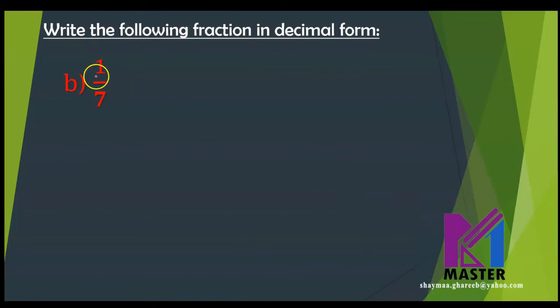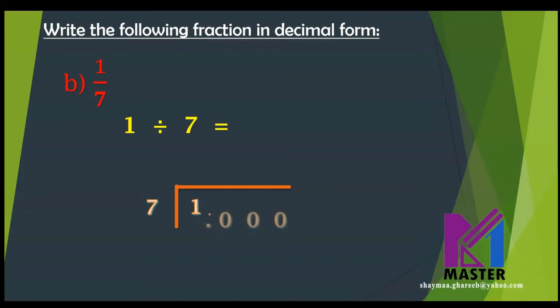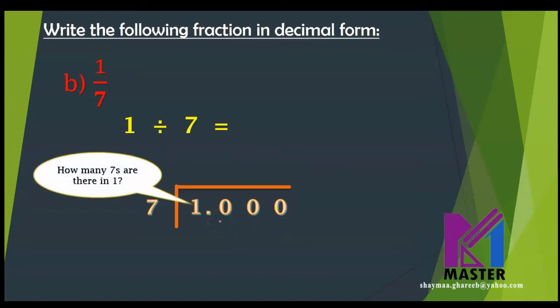Let's see. Write the following fraction in decimal form. One more fraction, 1/7, which means 1 divided by 7. Let's do exactly the same steps. 1 divided by 7. I will add the decimal point and a number of zeros. Then I will start doing my normal division. 1 divided by 7, which means how many 7's are there in the 1? 0.